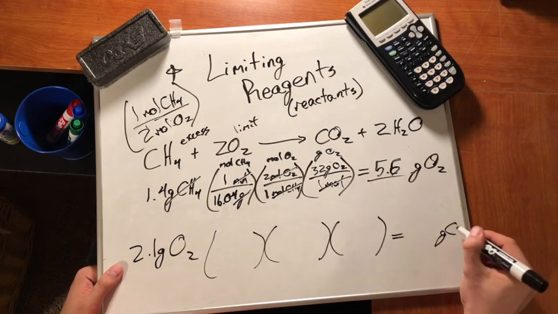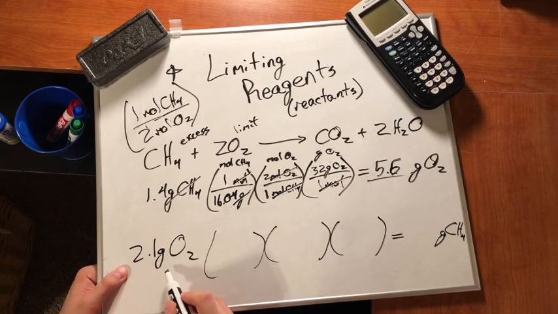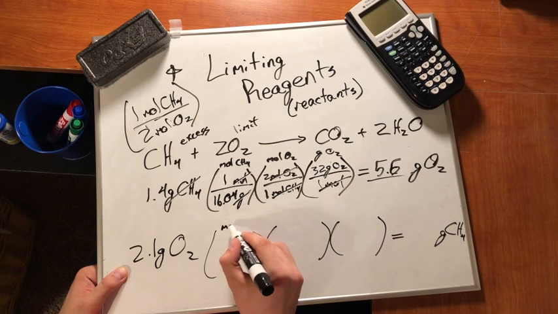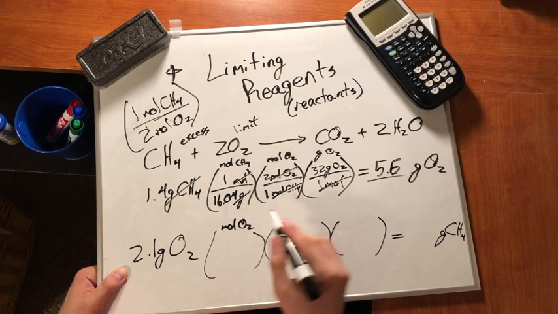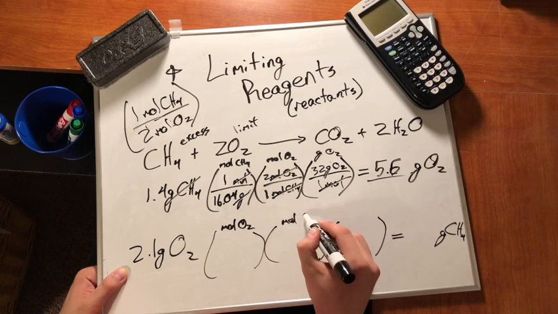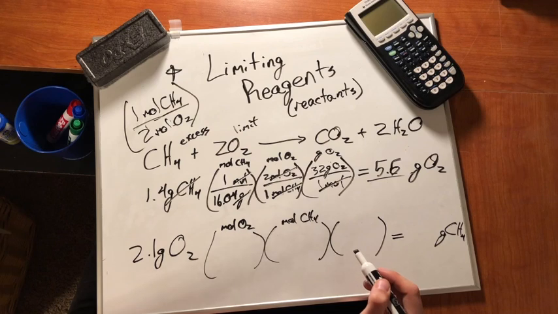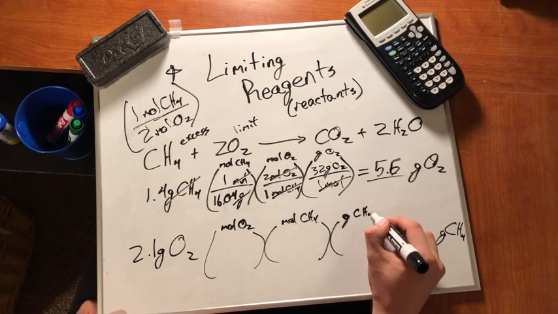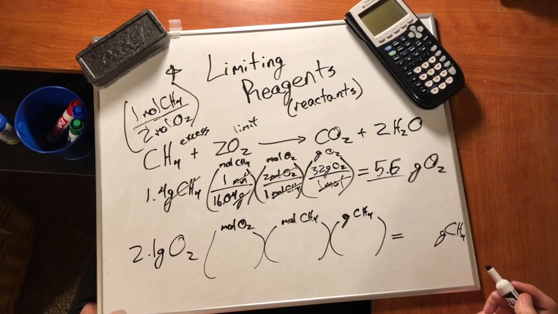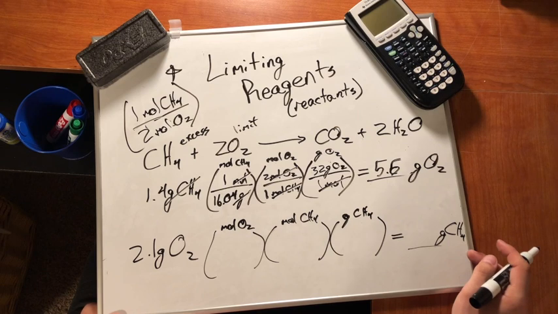We're going to end with grams of methane. So we've got grams of O2, which means we need to convert to moles of O2. And then we're going to convert to moles of methane, CH4. And then we're going to convert to grams of CH4.